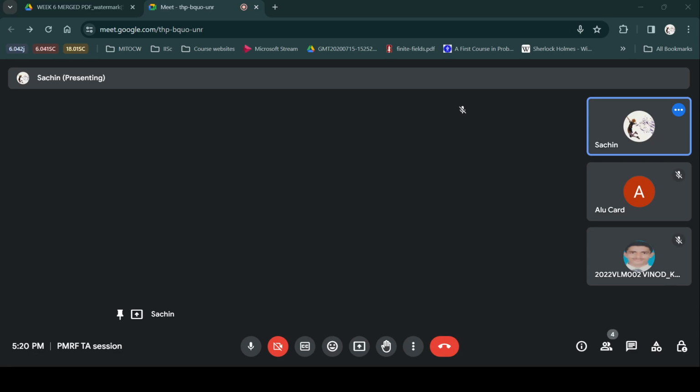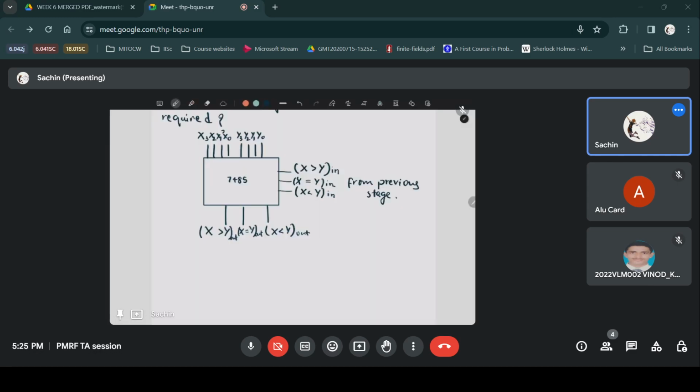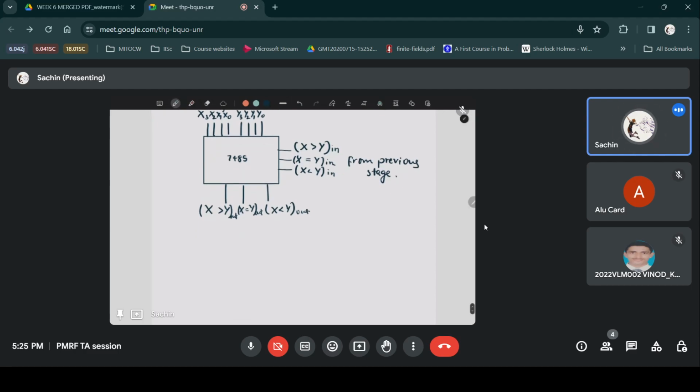If you have only, let's say, a 2-bit comparator, suppose you had a comparator which could compare x1, x0 and y1, y0. So it could compare only 2 bits.